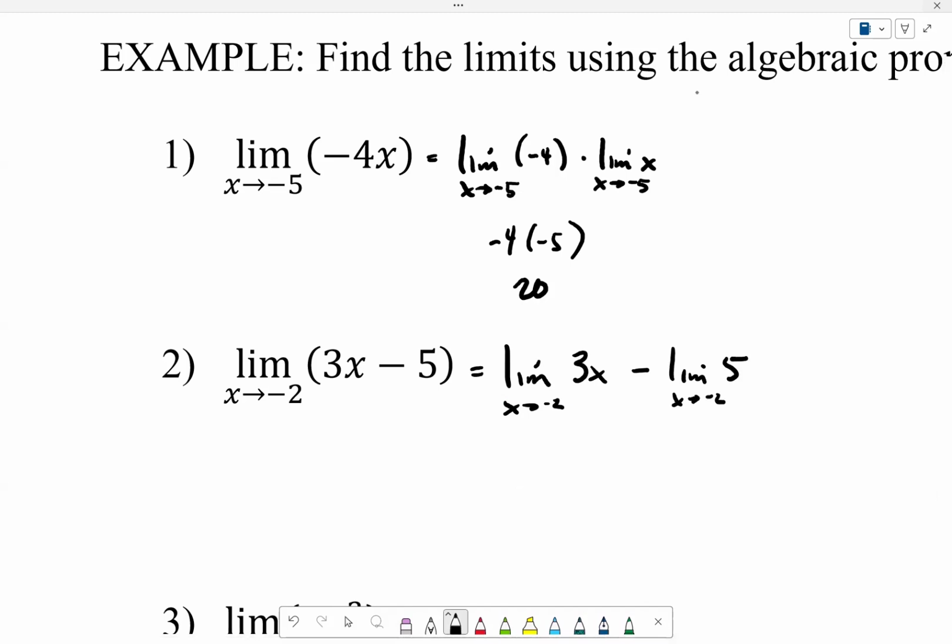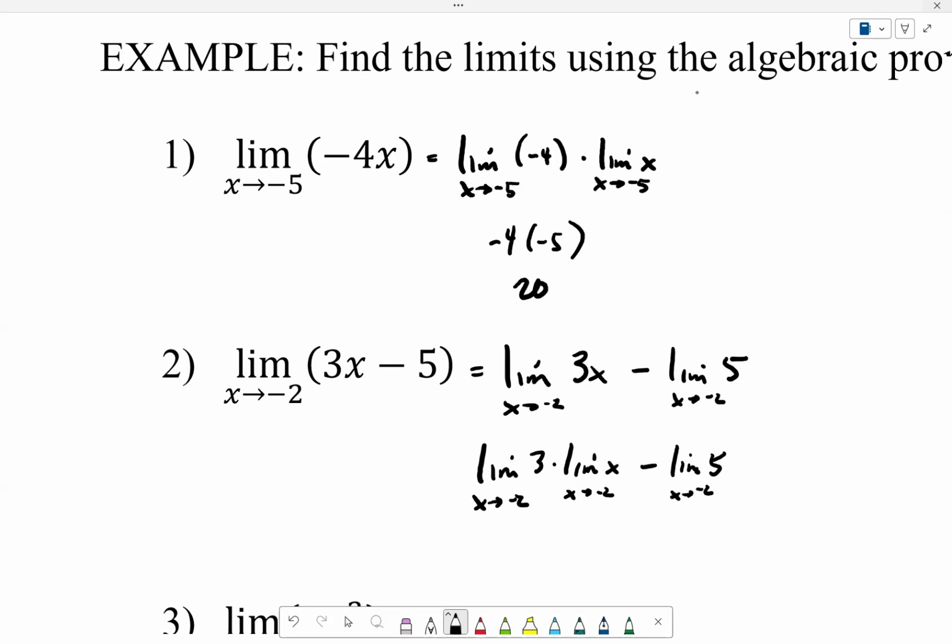But that first one, we rewrite as 3 times the limit as x approaches -2 of x, minus the limit of 5 as x approaches -2.